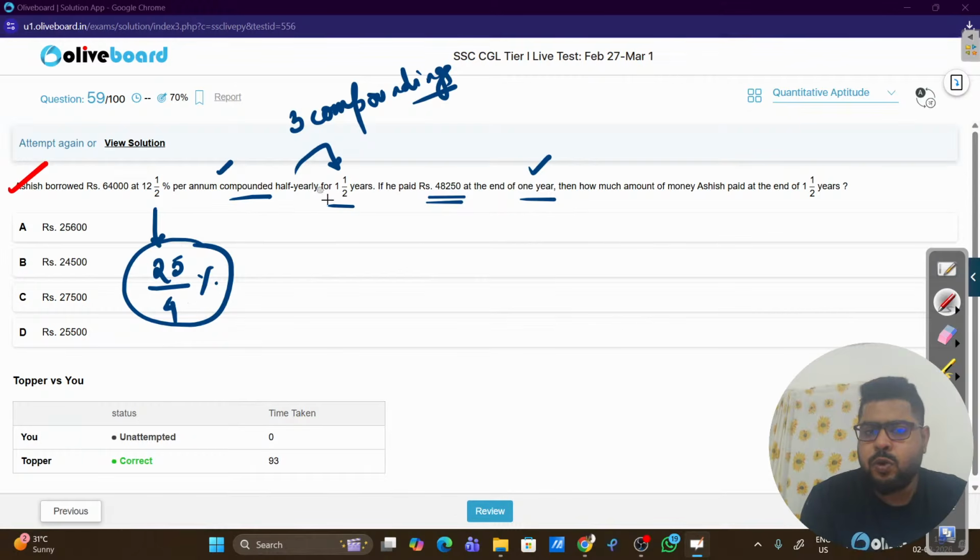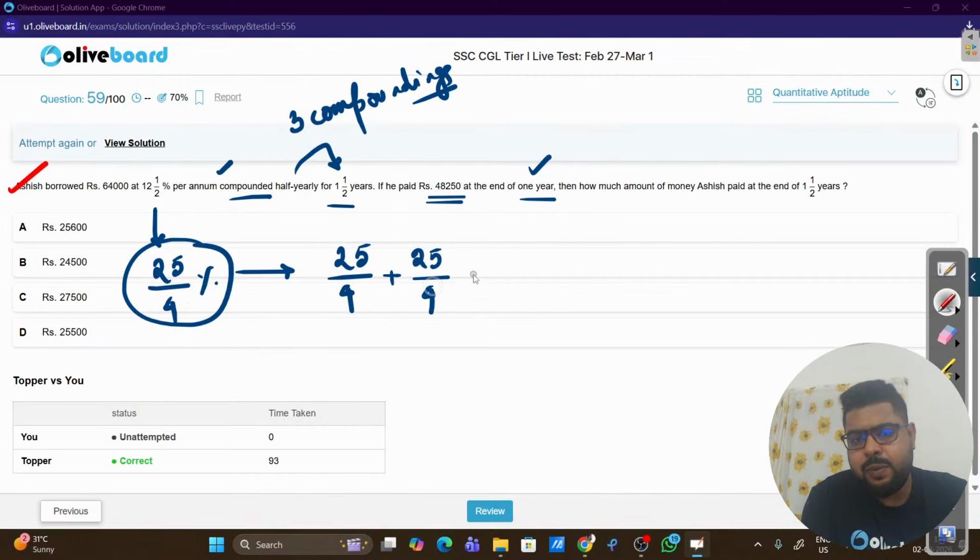Now for two compoundings, because in 1 year I'll get two compoundings, how much will be the effective interest? So use the AB theorem. 25 by 4 plus 25 by 4 plus 25 by 4 into 25 by 4 by 100, sir.